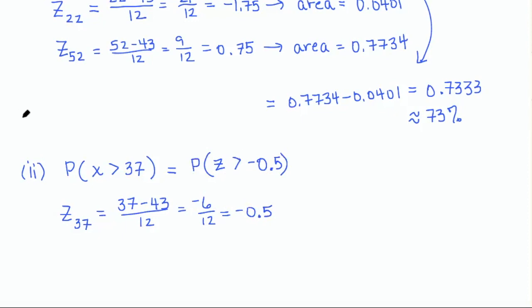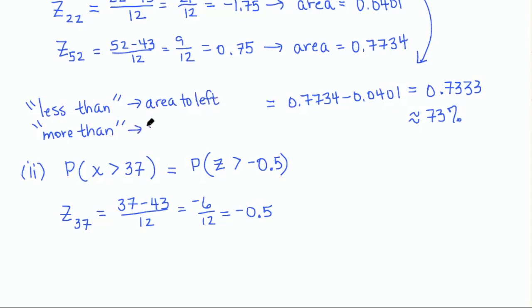When we want a less than, we can go straight to the probability table and look it up. So less than, we want the shaded area to the left of the z-score. When we say more than, what we're really saying is we want the area to the right. And if that's the case, I'm going to need to find this by doing 1 minus the probability of z being less than negative 0.5.